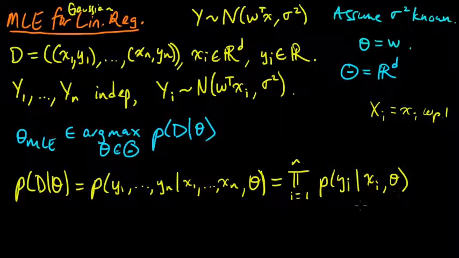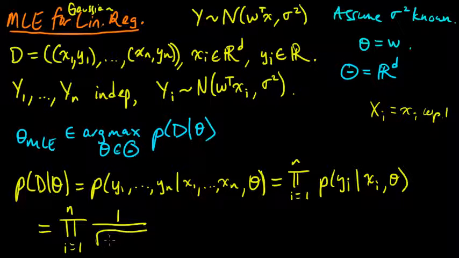Okay, so now what are these factors here? Well, that's what our model tells us. Our model tells us that yi is normal, so this is a product of these normal densities. Let's go ahead and write out what they are.